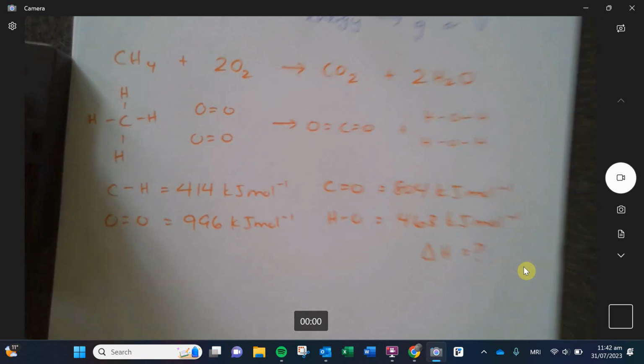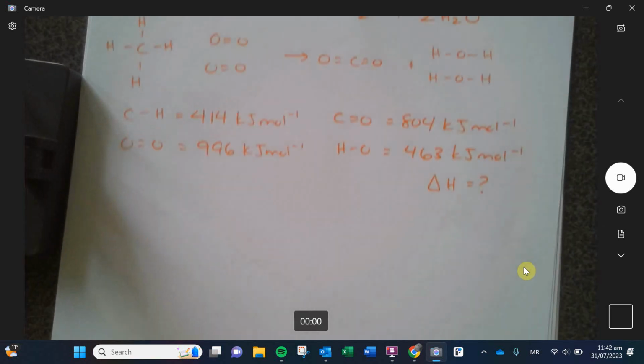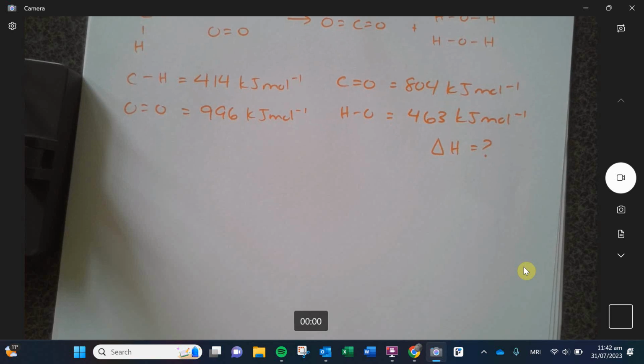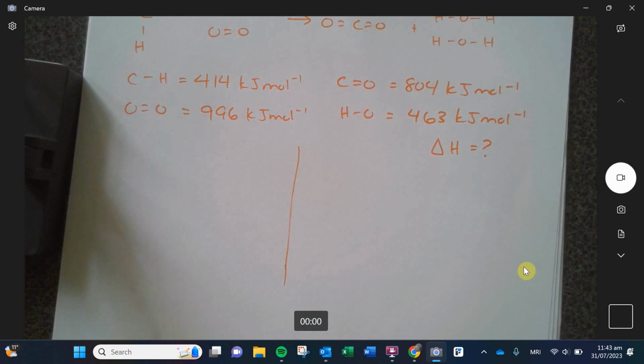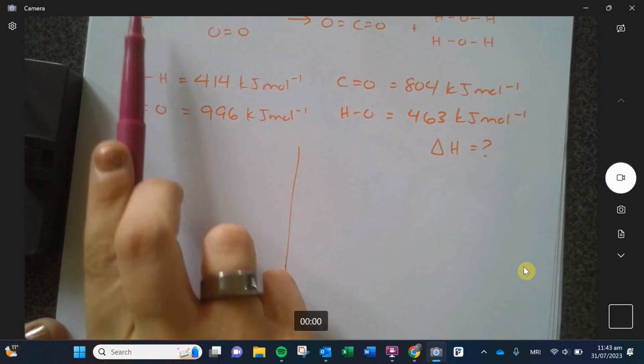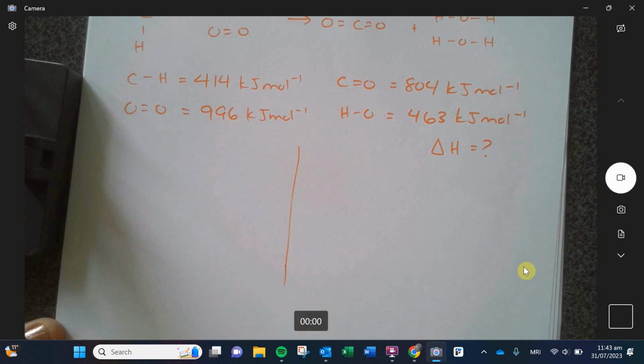All right, I'll just zoom out so you guys can see the whole thing. So I'm going to split this reaction into two. I'm going to be thinking about my reactants, and I'm going to be thinking about my products, and then I'm going to compare those two numbers. So on my reactant side, I notice that I have a carbon with 4 carbon-hydrogen bonds.